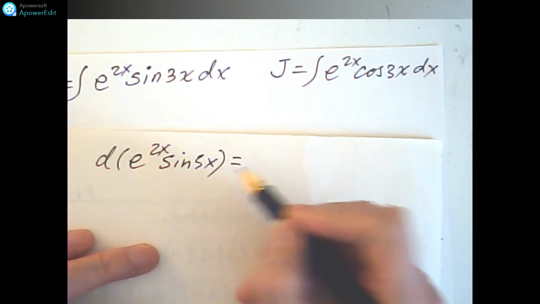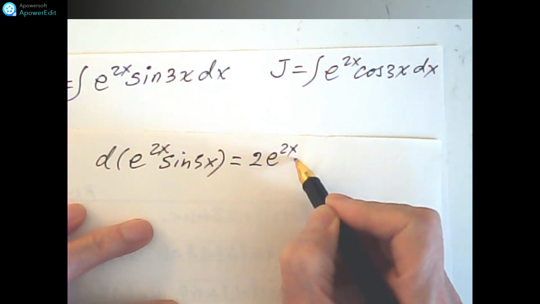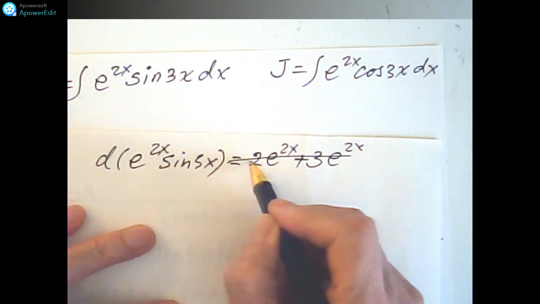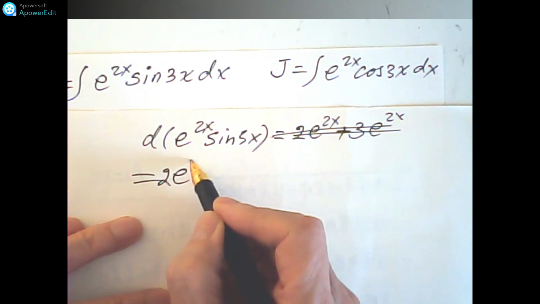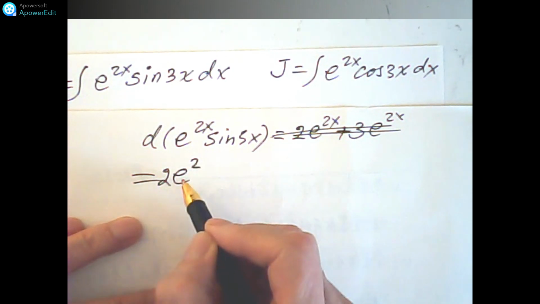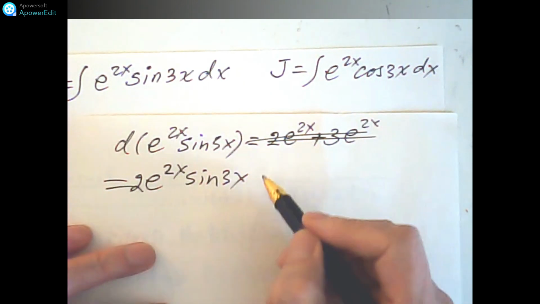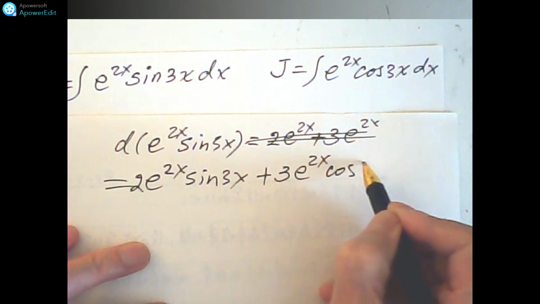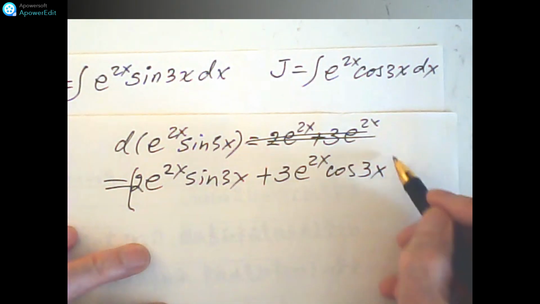That one requires 2 e to the 2x sine 3x plus 3 e to the 2x cosine 3x dx.